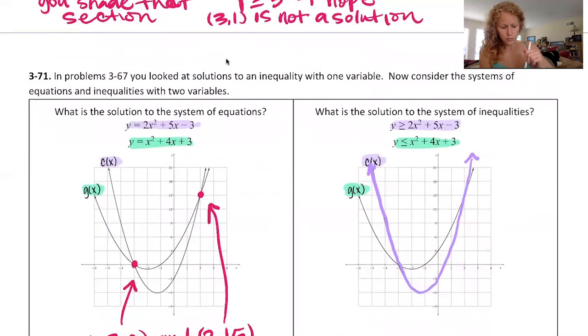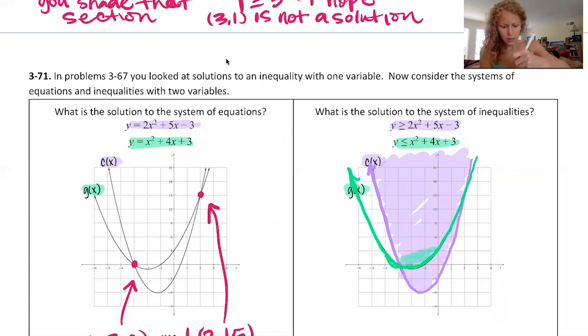So we've got this section, right? All of this section is that inequality. If we're looking at g of x, we've got this line here, right? This is g of x here. And we're going to shade above it.